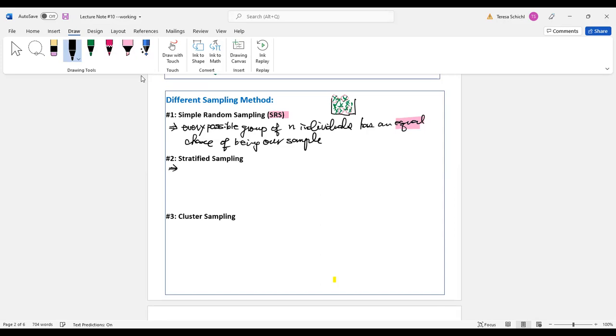You need to identify homogeneous subgroups, and then you take a random sample within each subgroup.